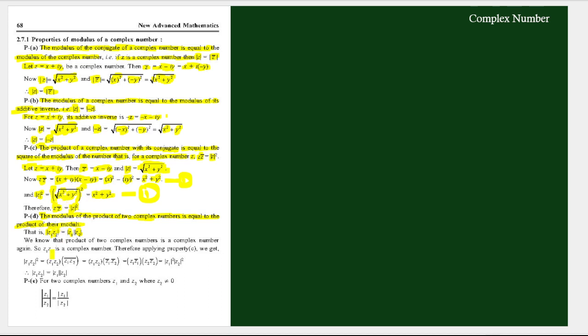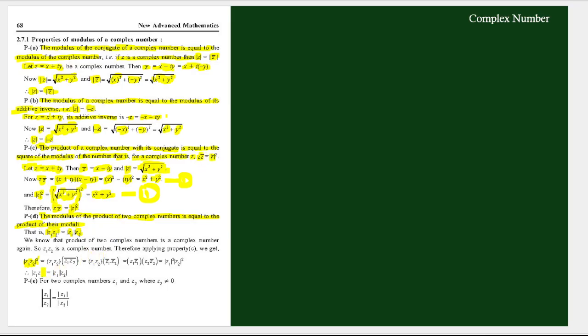say, z1 and z2, you see here, how do we get here? Modulus of z1 into z2 whole square. So from modulus, use this formula: modulus of z square is z into z conjugate.